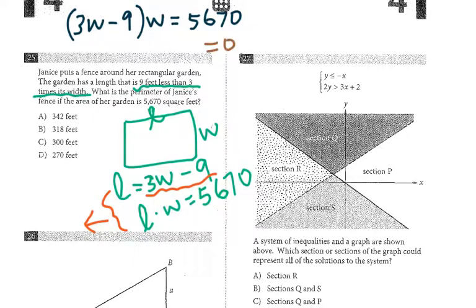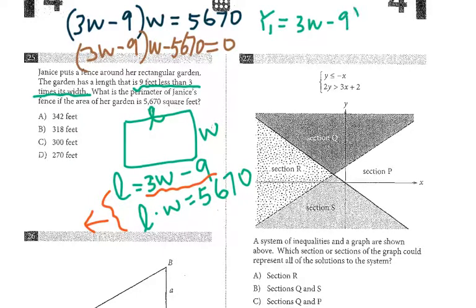So I subtract 5670 from both sides. You will get 3W minus 9 times W minus 5670. So put y1 equals 3W minus 9 times W minus 5670.